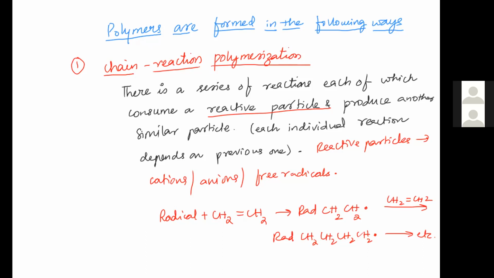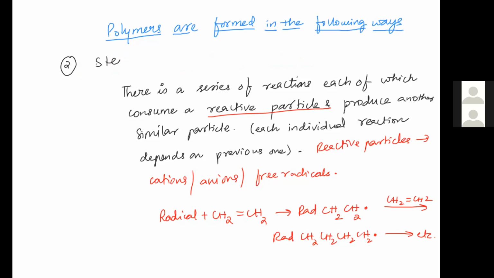So I'm going to clear the second one. The second type of reaction is step reaction polymerization.